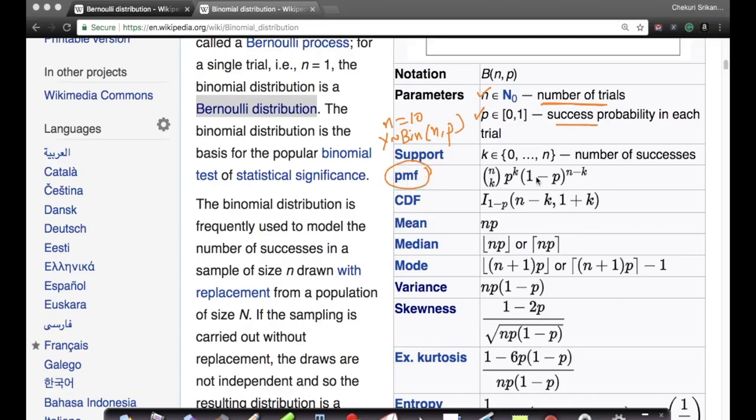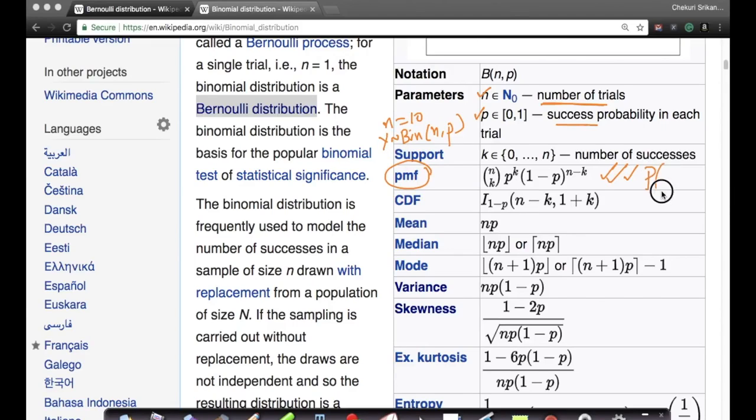The probability mass function is given using your ideas from combinatorics, combinations and permutations. This formula is very straightforward. Suppose my value of y is k.